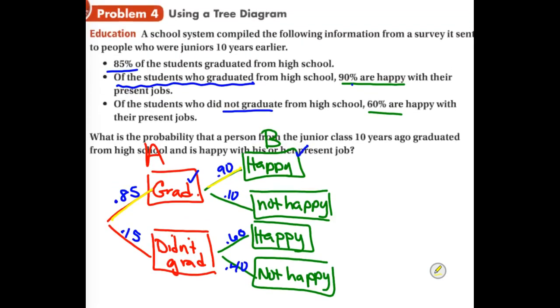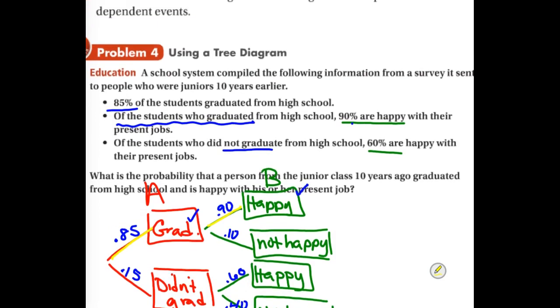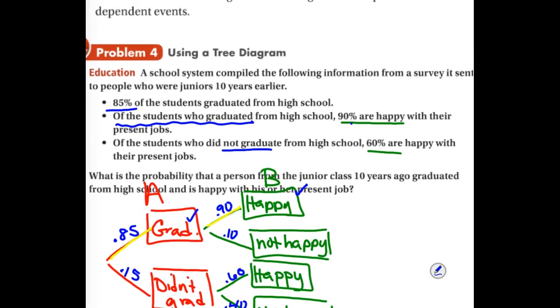If we were to set it up using the formula we had yesterday, we would write it, the probability that they graduated and are happy equals the probability they graduated times the probability that they are happy given they've graduated, right? That's the one we had yesterday.